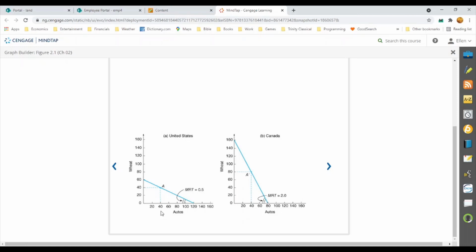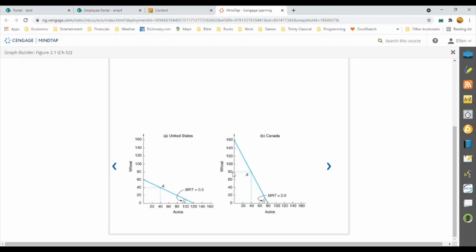And what we want to understand, though, this is important. Even though they're not trading, you could add up world production as defined by these two countries. And so if the US is making 40 bushels of wheat and Canada is making 80, then the world is doing 120 wheat. So we're going to come back to that when we get to the trading scenario.